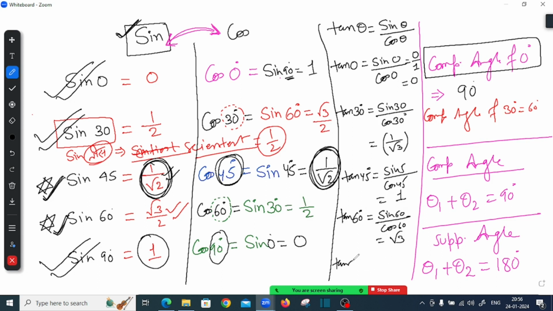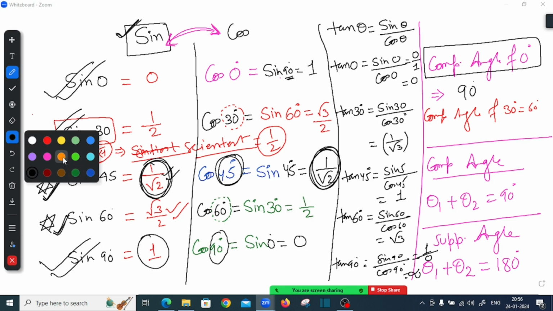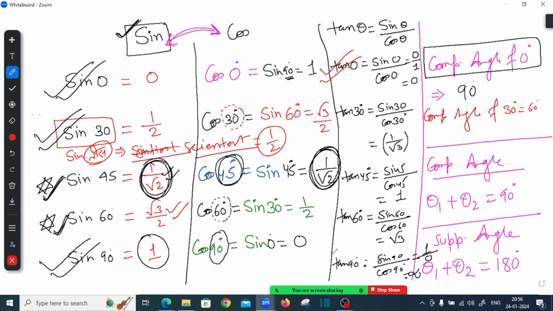Now tan 90 degree, that is the sine 90 upon cos of 90. Sine 90 is 1, cos of 90 is 0, so that is undefined, or you can say infinity, right? Now I'm again minimizing this table. See Rishit, in tan table, tan 0 is 0, you will remember easily.